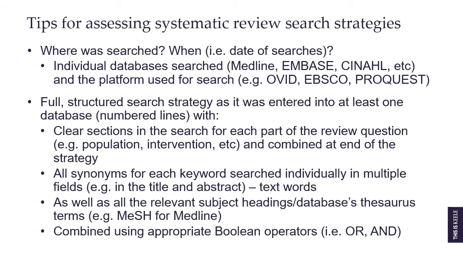Text word searches are usually done within the title and abstract fields of the database. And also they need to use the index terms and subject headings that are contained within the database as well. So for example, Medline has MeSH as its system thesaurus of index terms, but each database is different. So each needs to be searched separately.